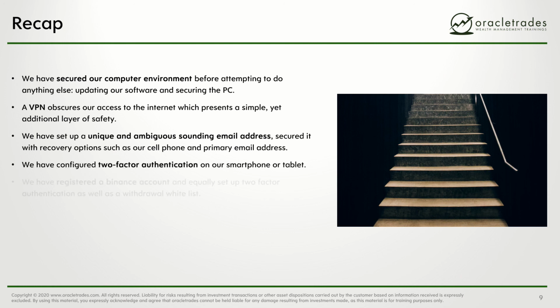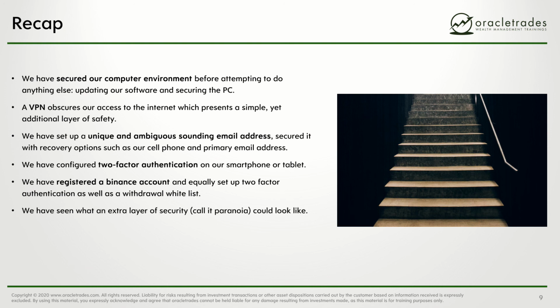We have configured two-factor authentication on our smartphone or tablet. We have registered a Binance account and equally set up two-factor authentication as well as a withdrawal whitelist. We have seen what an extra layer of security, call it paranoia, could look like. And we've briefly looked at hardware wallets and listed some pros and cons.